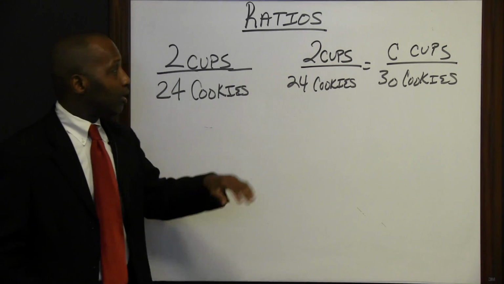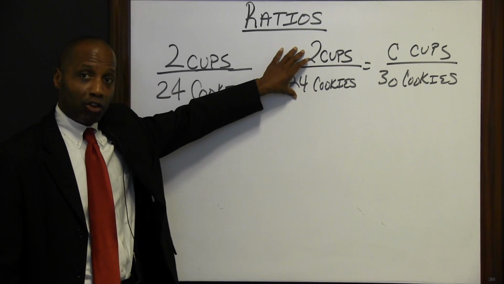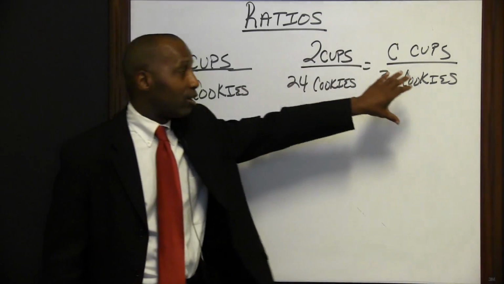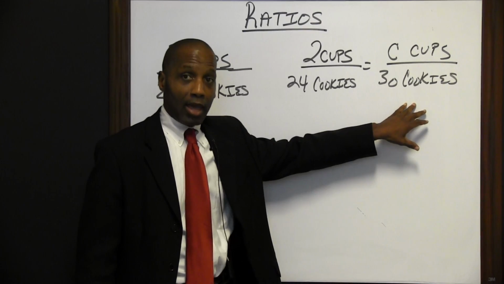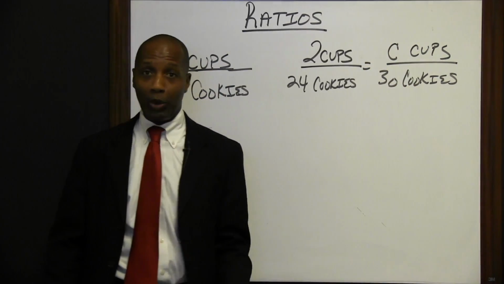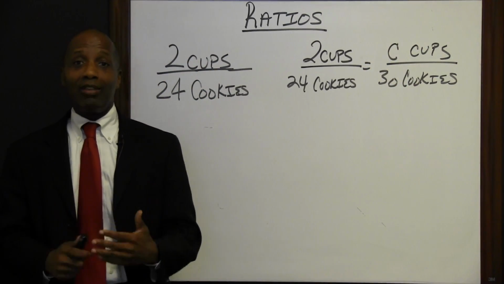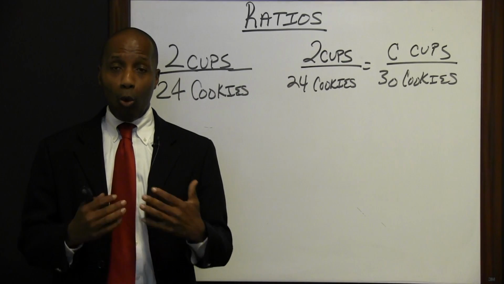Now, let's say that we know what our ratio is, and we know how many cookies we'd like to bake. And in this instance, it's not 24, but 30. How many cups will we need? How many? That is the unknown quantity.